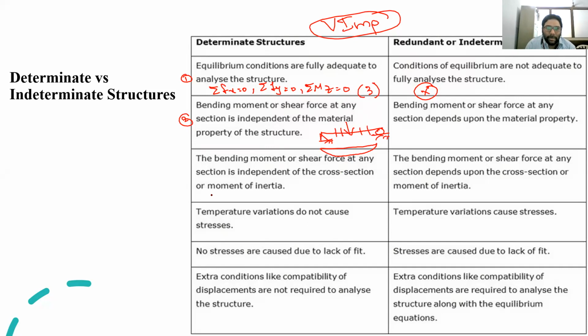material property. Material property means there are two important values: one is Young's modulus and the other is Poisson's ratio. These are the two important material properties for any analysis. In a determinate structure, to calculate bending moment and shear force, we do not need Young's modulus and Poisson's ratio.